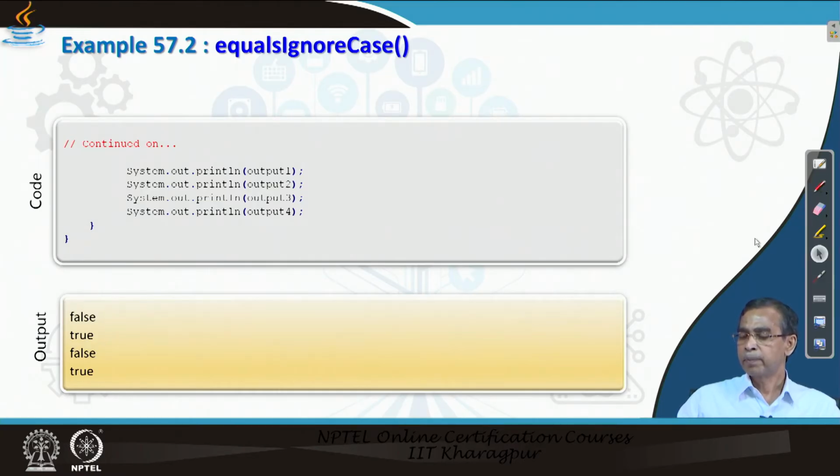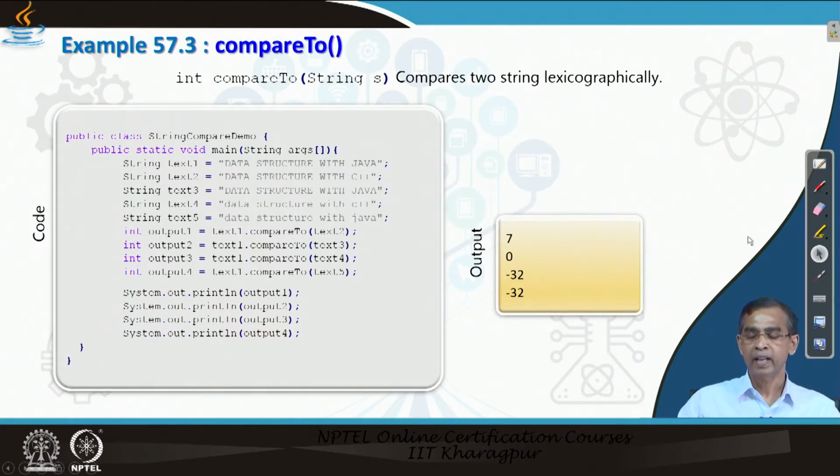So, this is the comparison. Now, another aspect of comparison is very important. The compareTo method is also there. Here again are a few strings and we call the compareTo method. This method is different, in that it compares with respect to Unicode character format.